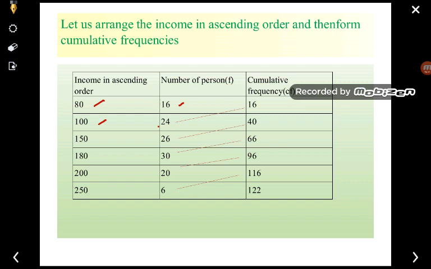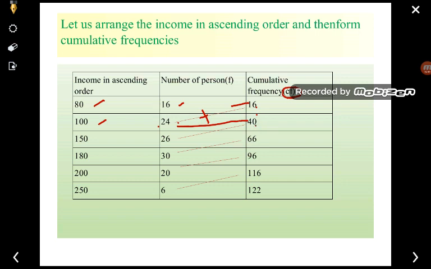Now you have to calculate the cumulative frequency, CF. First you take the first frequency as it is, that is 16. Next you add 16 plus 24, which gives 40.